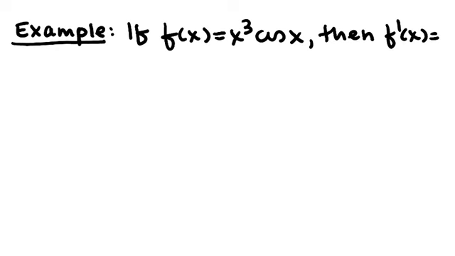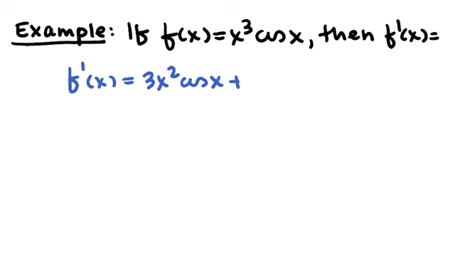Okay, so an example of this is, if we have f of x given by x to the third multiplied by cosine of x, then we could take the derivative using the product rule. So I'm going to say f prime of x is equal to, I'll take the derivative of x to the third first. It's going to be 3x squared, leaving cosine x the same.